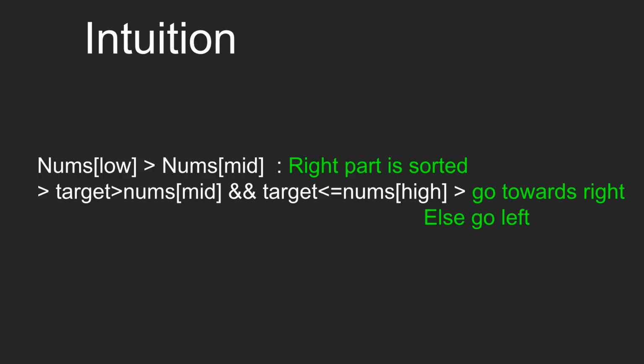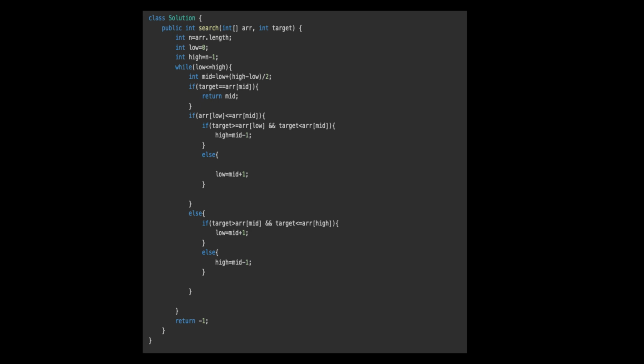Let's jump into the code. This is the Java code for the solution. I have a basic binary search while loop here, and inside the while loop I have three conditions. One, I'm checking whether I have found the target value at the mid index or not. If I find it, I return mid.